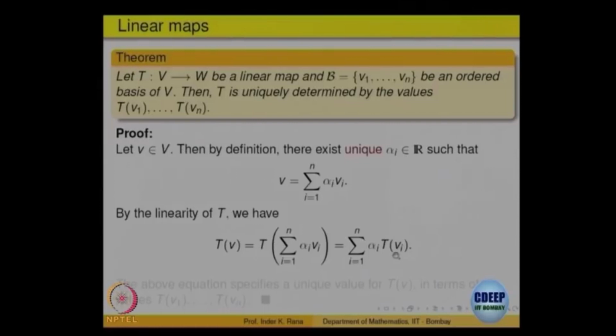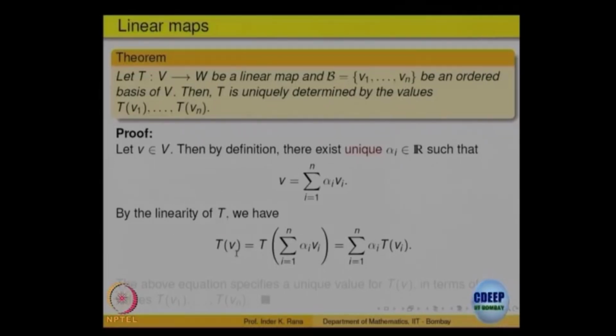Now, if these T of v_i's are fixed, and the only choice is alpha_i's, then given a vector v, alpha_i's are fixed. There is a unique choice, and if we know T of v_i's, we know T of v, right.